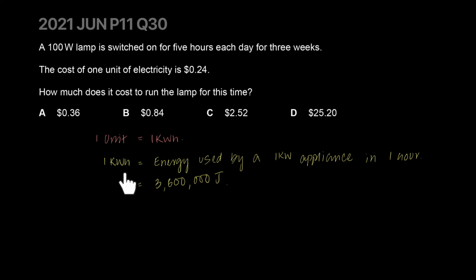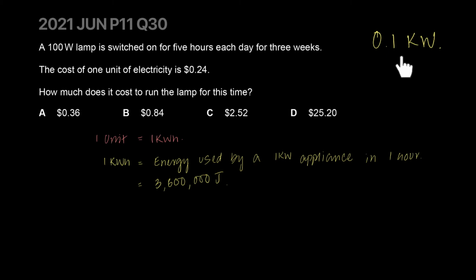So this is what 1 kilowatt hour is: 1 kilowatt hour of energy is equal to a 1 kilowatt appliance running for 1 hour. But what if I had a 0.1 kilowatt lamp? This 100 watts is essentially 0.1 kilowatts.